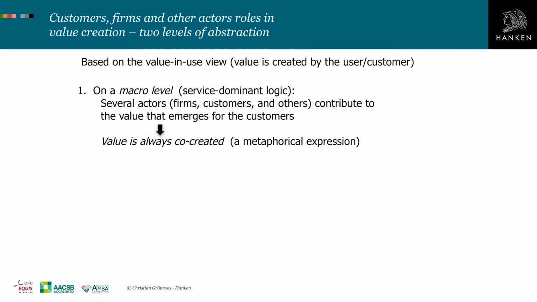The macro level is discussed in what's called service-dominant logic. According to this view, several actors, firms, customers, and others, contribute to the value that emerges for the customer and for other actors involved in the process.